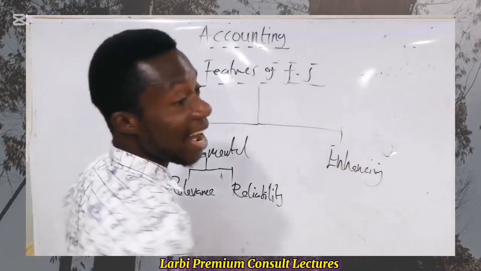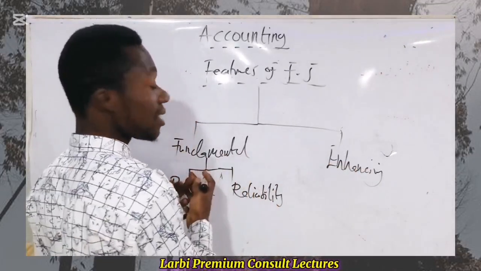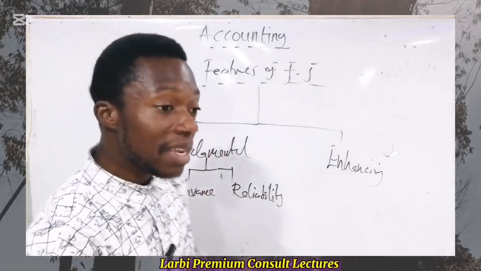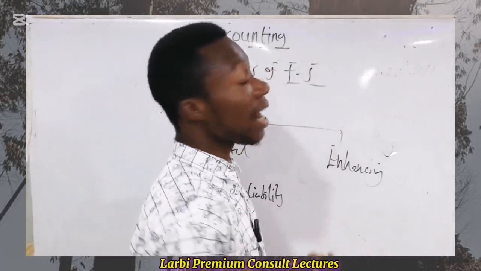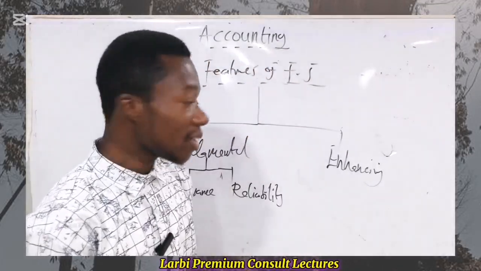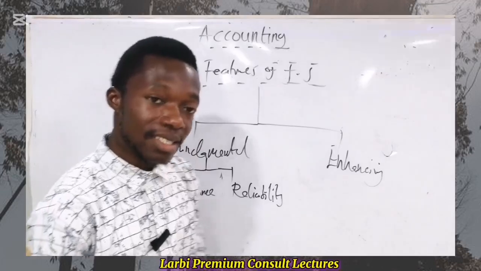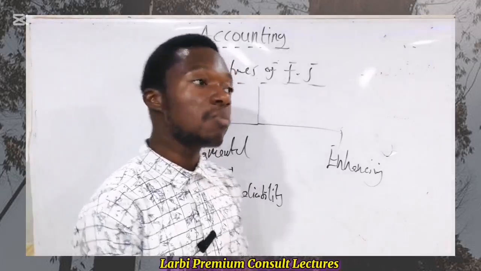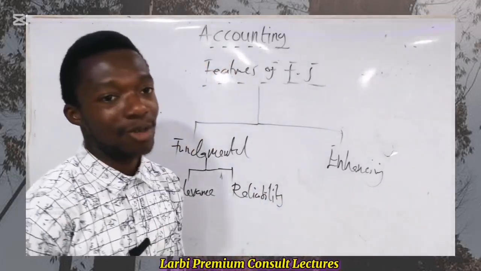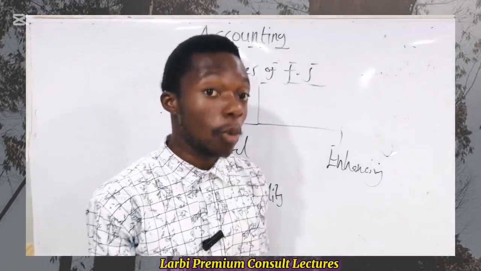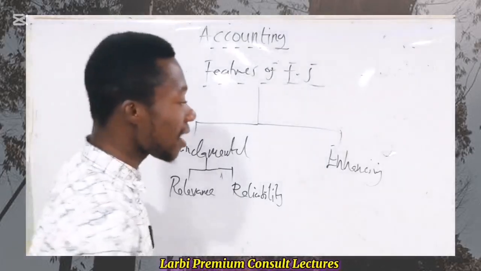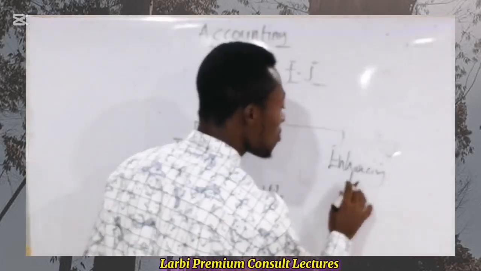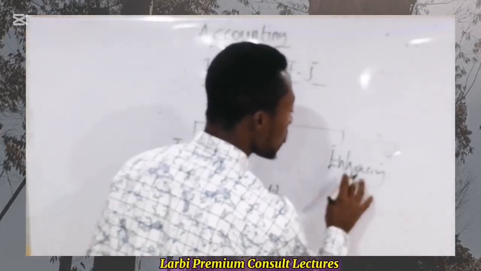When it comes to the enhancing, since fundamental forms the foundation and basis of the financial statement or accounting information, the enhancing is there to support and improve the fundamental. So enhancing means it's just there to support, to help, and to improve the fundamental. Under the enhancing, we have 4 categories.